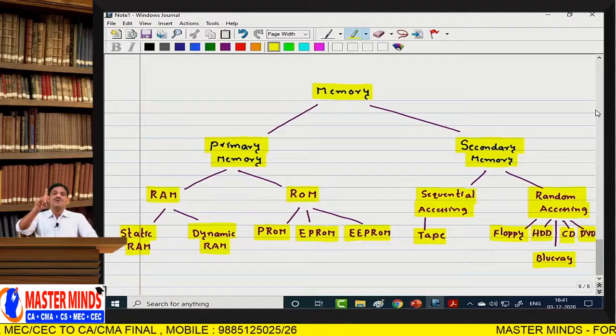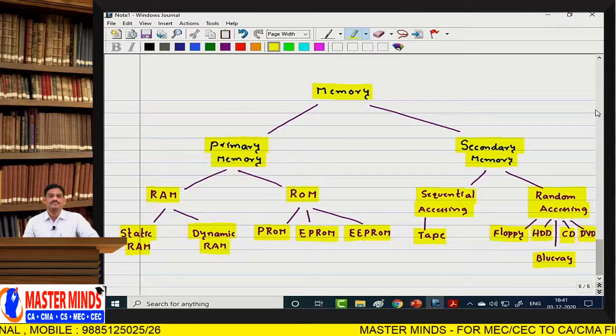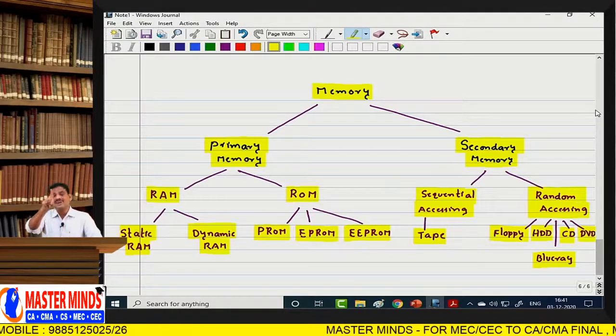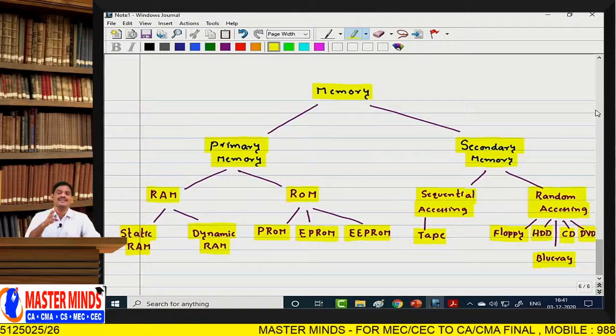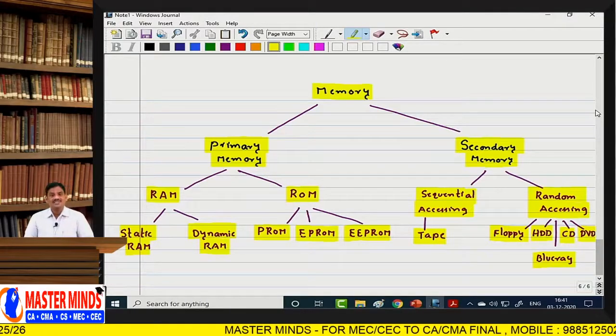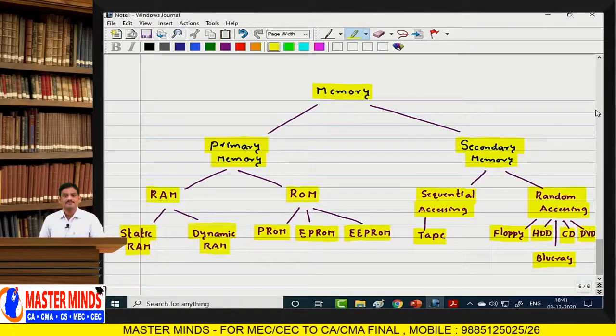The cost of one DVD, which is secondary memory, is 10 rupees. The cost of a 1 TB hard disk may be around 2000 or 2500 rupees, whereas the cost of 8 GB RAM may be around 3500 rupees.